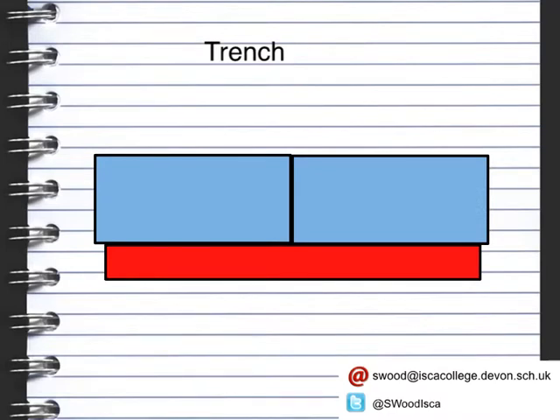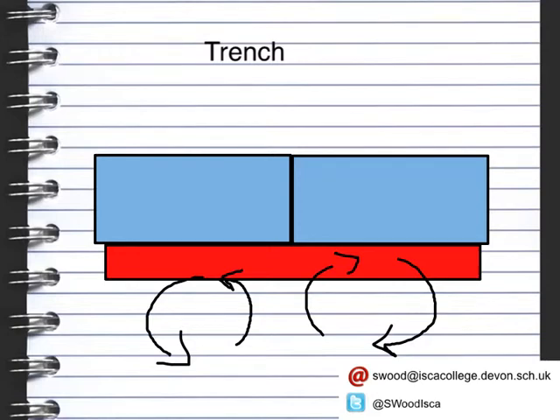Now here we're going to look at how volcanoes can actually form where two plates move apart. Here we have two oceanic plates which are side by side. What's happening is we have one convection current moving like this, and the second one moving like this.